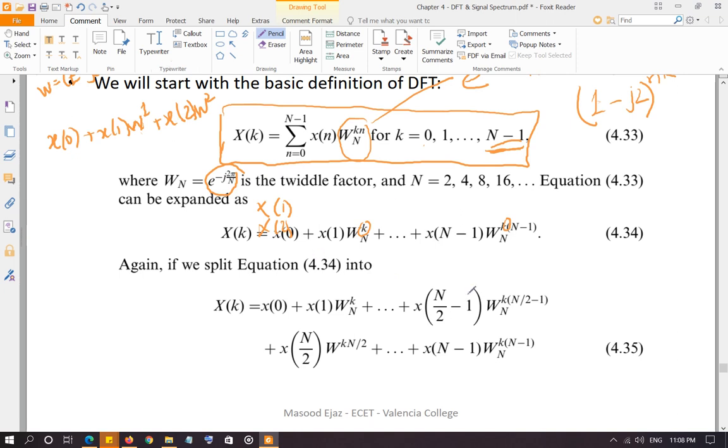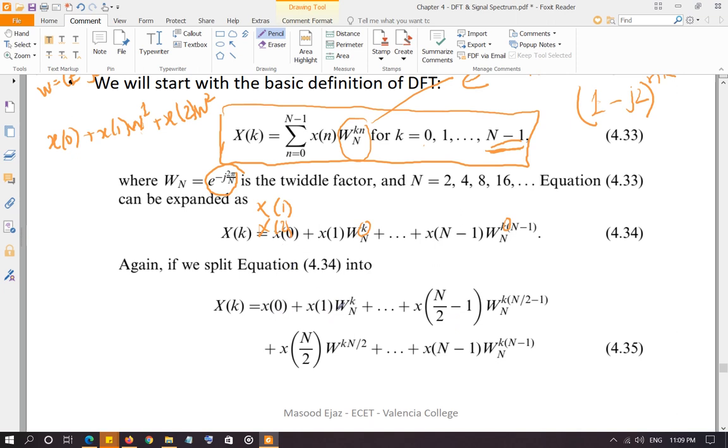So what we are going to do with the DFT expression. Now remember, in this case, the number of samples is a power of 2, right? That means N is also a power of 2. So we're going to divide this expression into 2 halves and write each half separately.